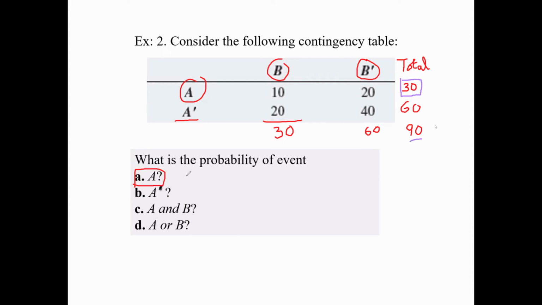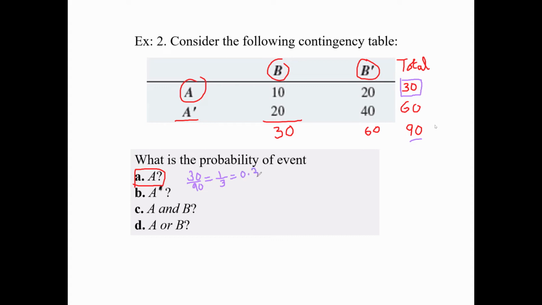So you can write probability of A is 30 over 90. You get this as 1/3 or 0.33. That is correct.